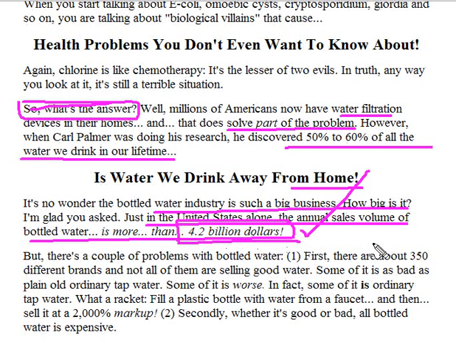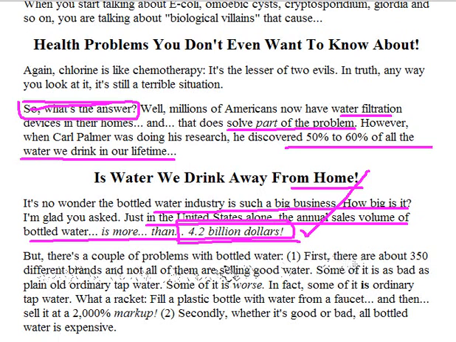So one solution is filtration at home. The other solution is bottled water. But the bottled water industry is something he now has to go up against. In other words, he has to show you that he has a better solution than the bottled water company.